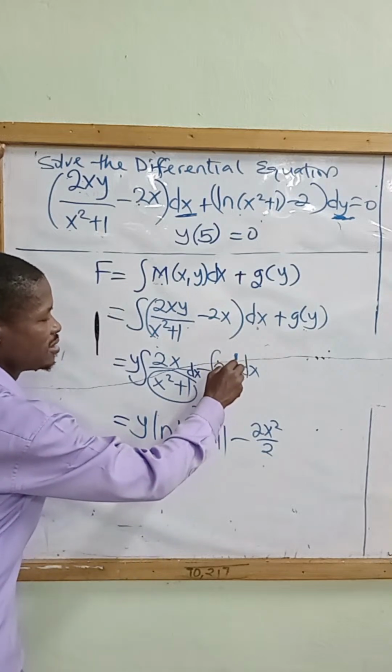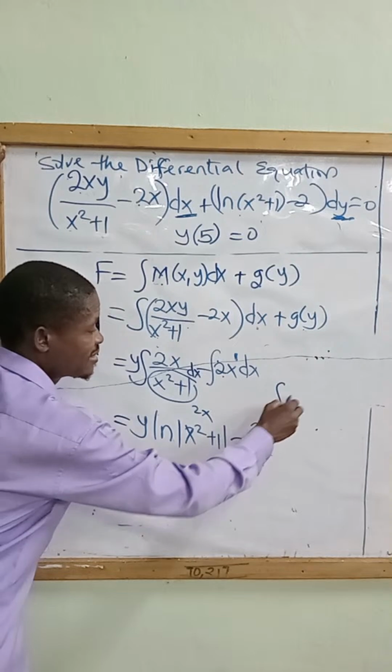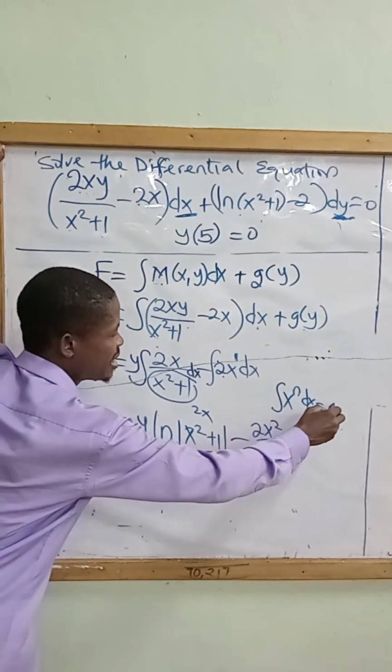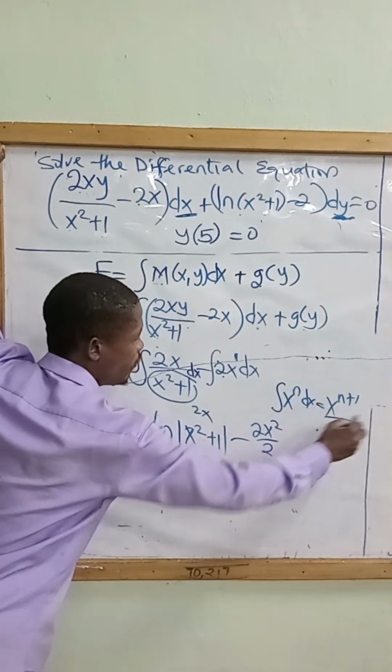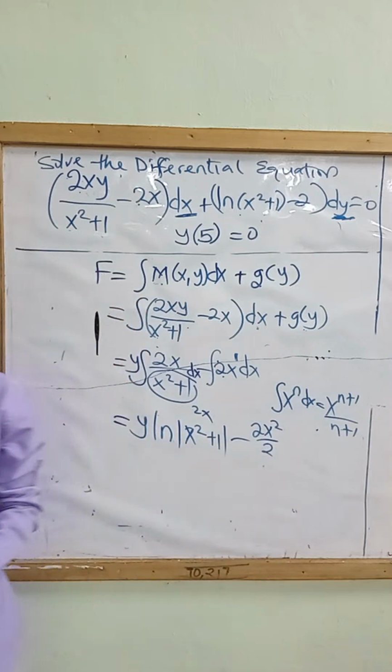This is power 1, so plus 1. Don't forget, if you want to integrate x to the power n dx, it's going to be x to the power n plus 1 over n plus 1, and that's what we have done in this case.